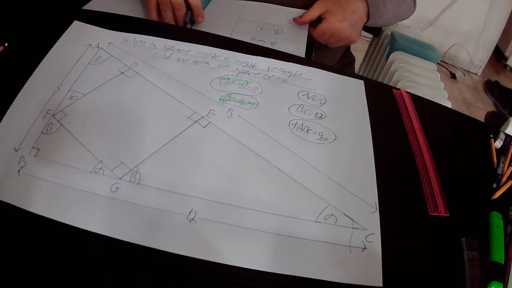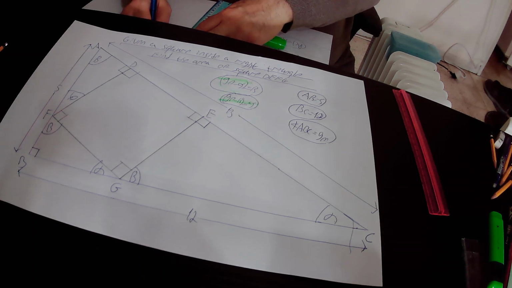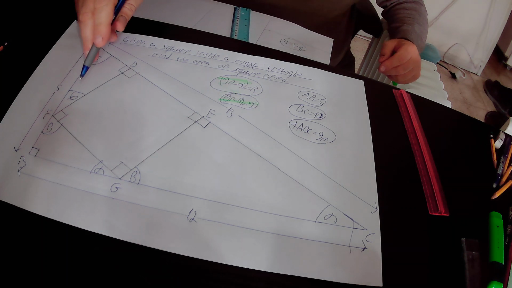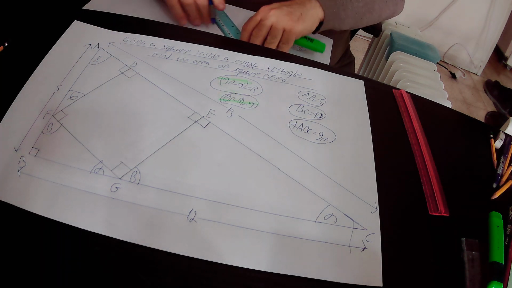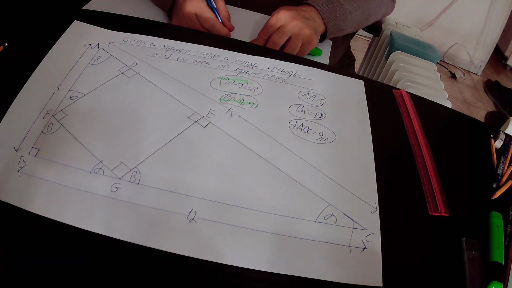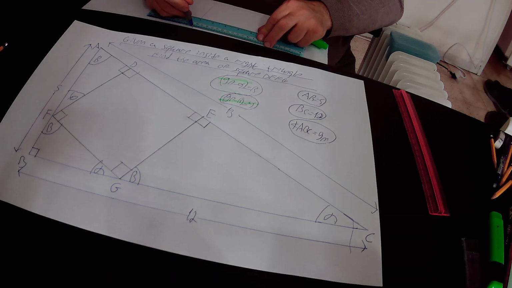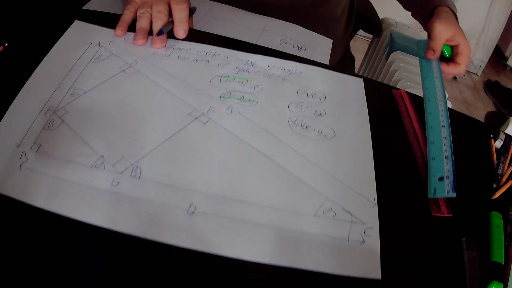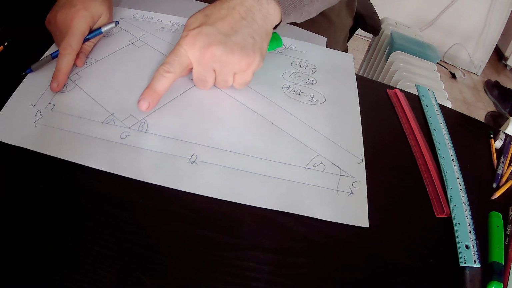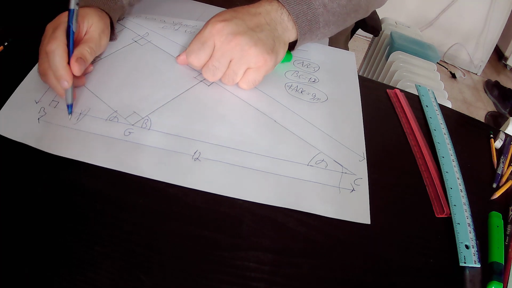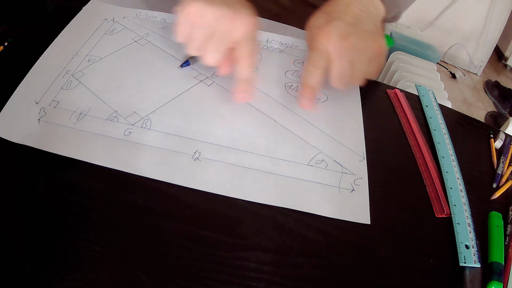And from the fact that the big triangle ABC is similar to the small right triangle FBG, we will derive that the following relationship exists between the sides of the two triangles that are similar to each other. But before that, we define the length of this side BG of the right triangle FBG as x. So what is the length of side BC?